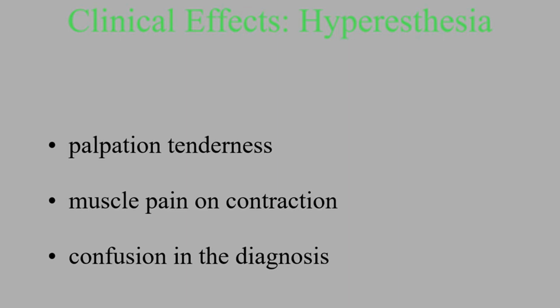There's muscle pain on contraction. This is particularly seen in the upper limb and around the shoulder in particular, but also at the elbow, in tennis elbow. And this can all lead to confusion in the diagnosis, partly because the isometric tests are often positive when they shouldn't be, and also because it is tender on palpation, leading you to suspect there are actual pathological changes within the tissue that's being palpated.